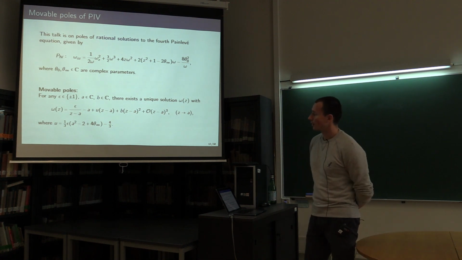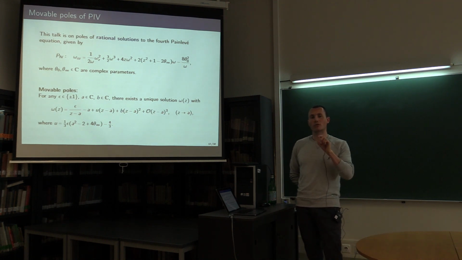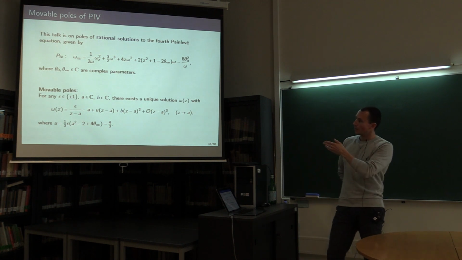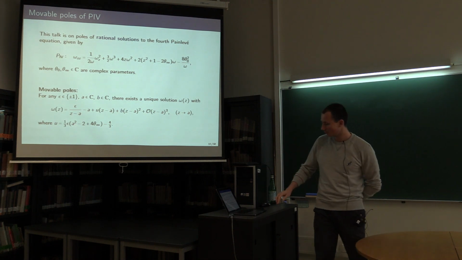So you see that solutions of Painlevé 4 have poles of two types, either residue plus 1 or minus 1. And they're clearly movable as you let a vary in the complex plane.